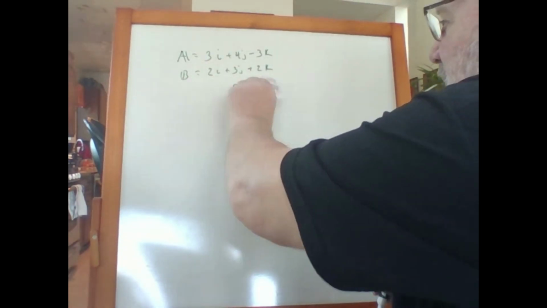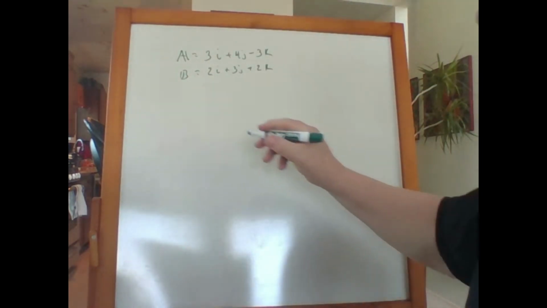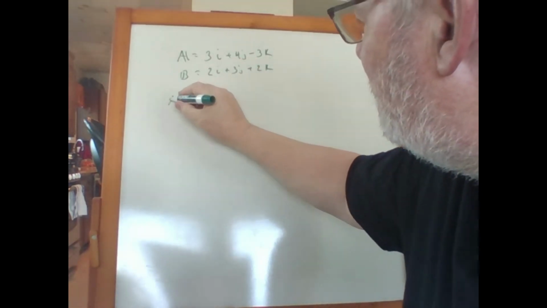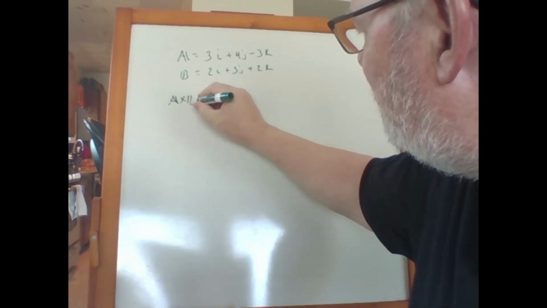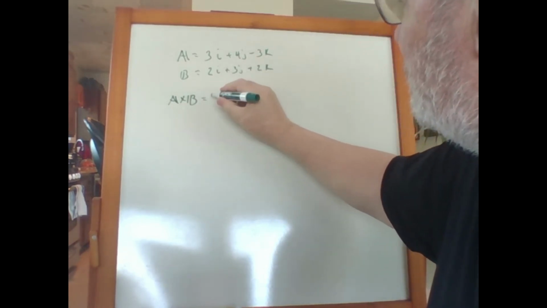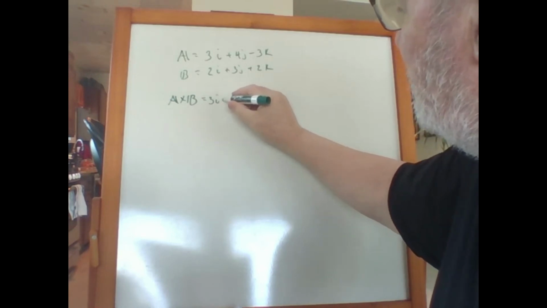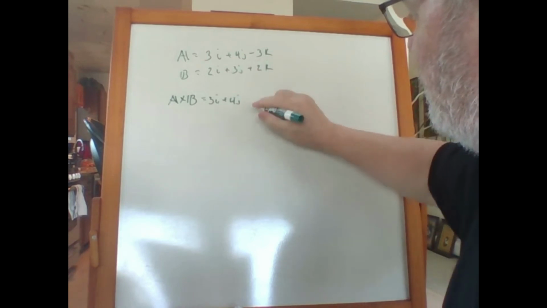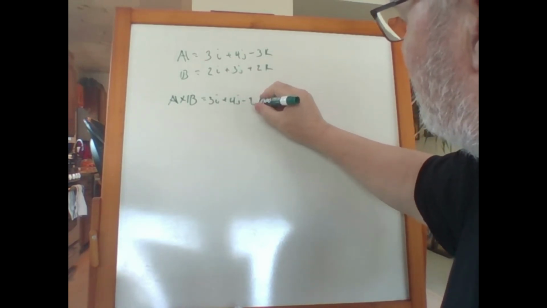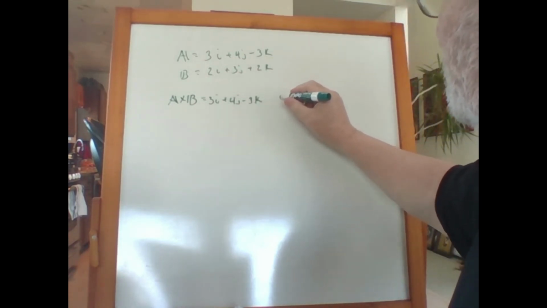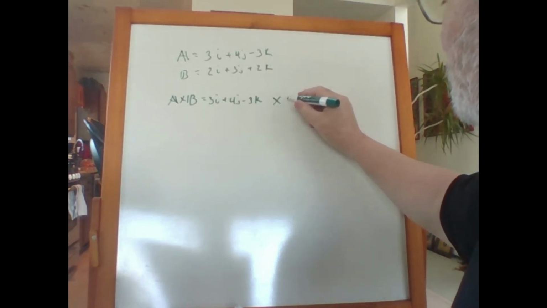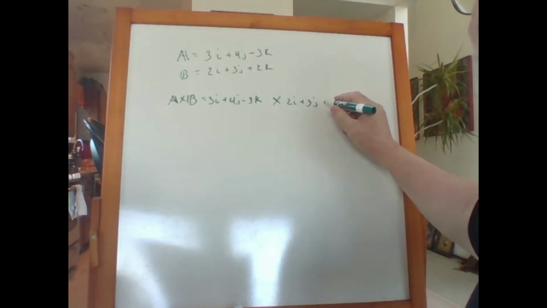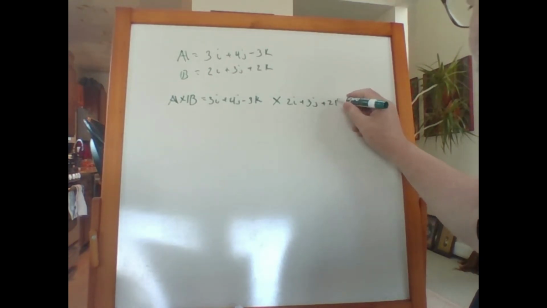Well, we've got to look at it component by component. So we have A cross B is equal to 3i plus 4j minus 3k cross 2i plus 3j plus 2k.